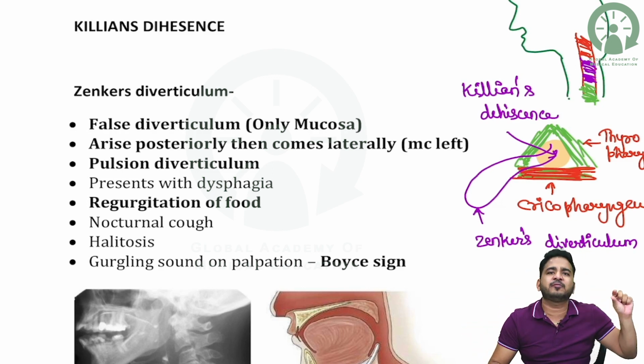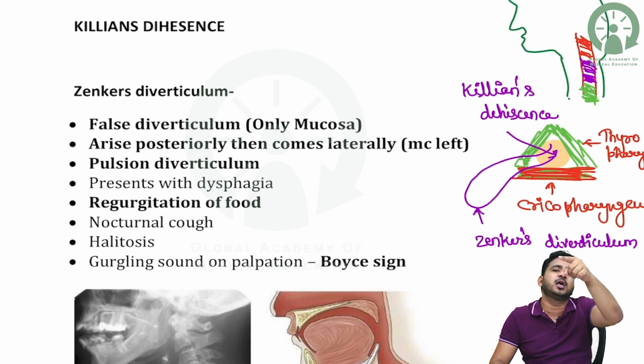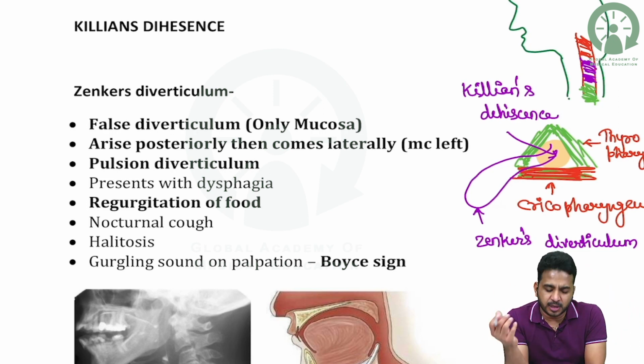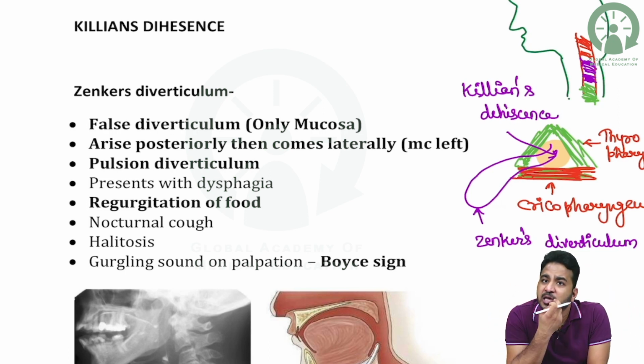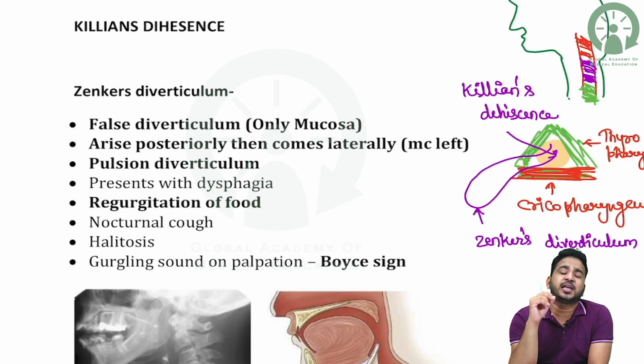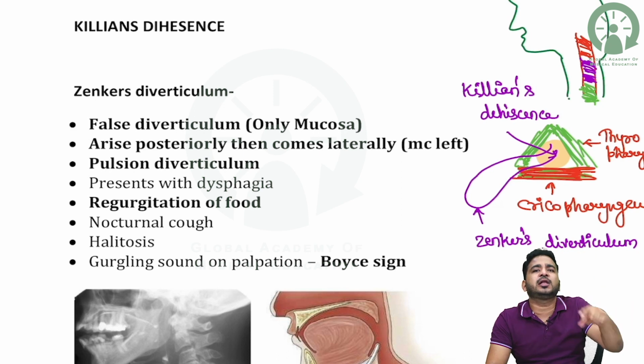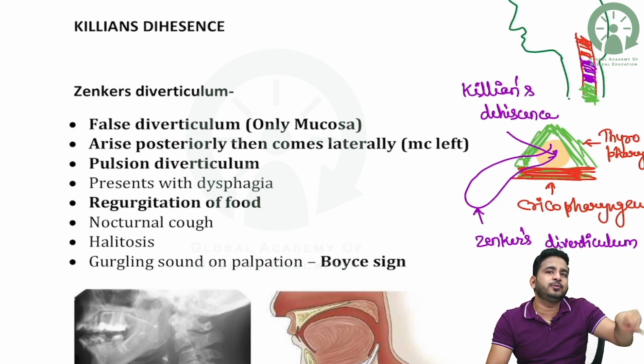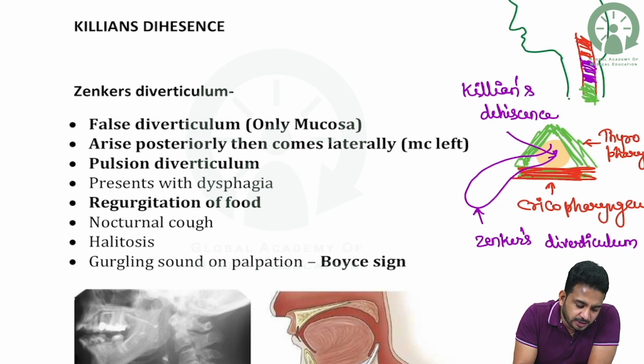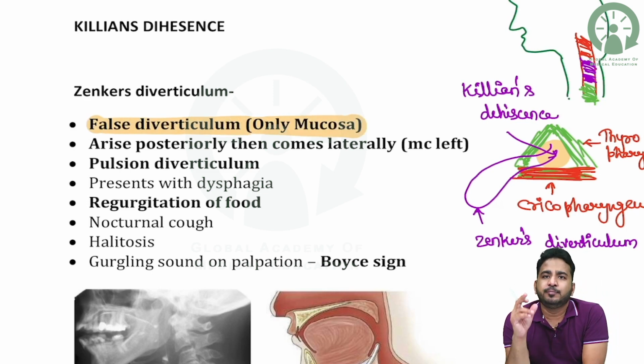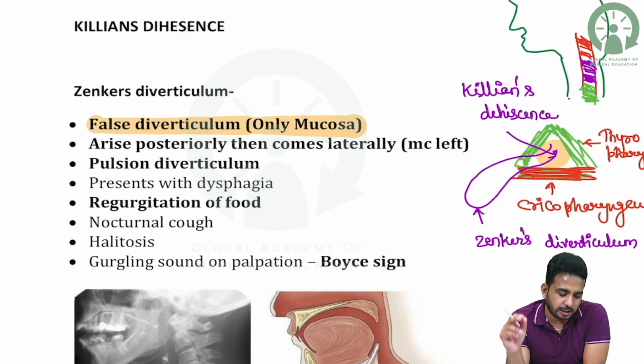Between them, if there is a gap and mucosa comes out because of some force, then it is known as Zenker's diverticulum. It's a false diverticulum. Why false? Because not all the layers of the pharynx are present. Only the mucosa is there.